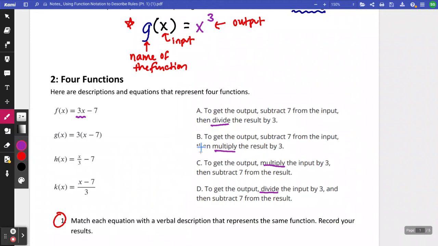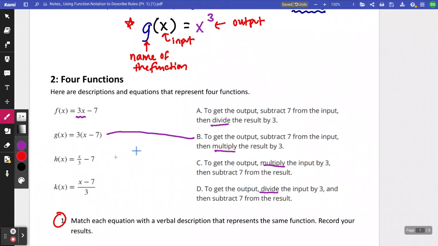The first one says we want to subtract 7 first, then multiply that result by 3. When I'm comparing these 2, the one where we would be subtracting 7 from the input first would be g of x. See that x minus 7 in parentheses? That's telling me I would do that x minus 7 first, and then whatever that result is, multiply that by 3. Therefore, g of x, I'm going to match up to b.